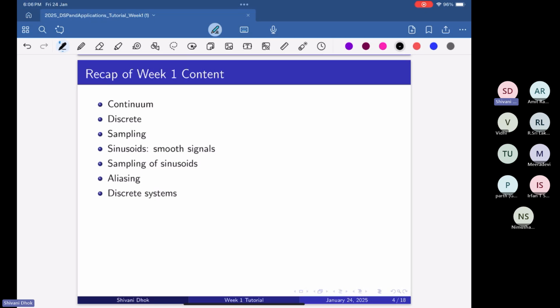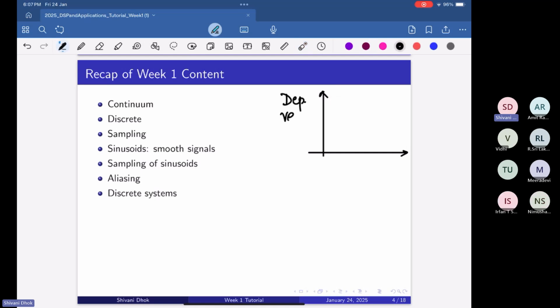So before going into continuum, let me just quickly give you an idea about what a signal is. A signal is basically a mathematical function where it has a dependent variable, which we generally put on the y-axis. And this dependent variable varies as the values of your independent variable change.